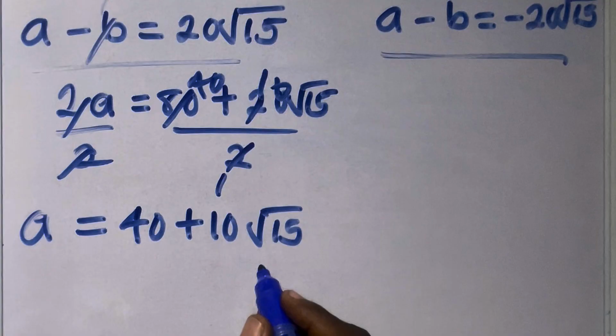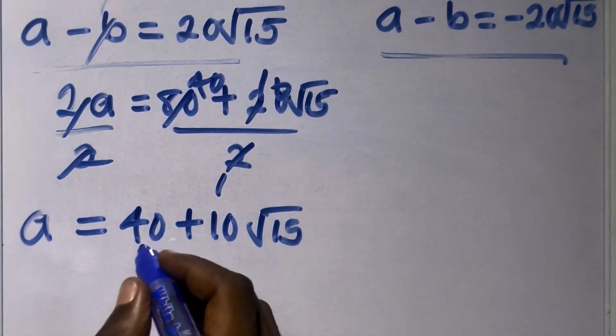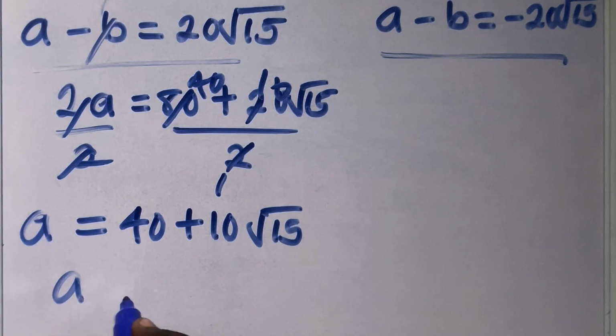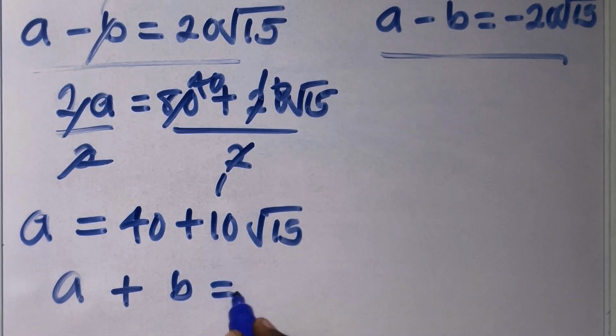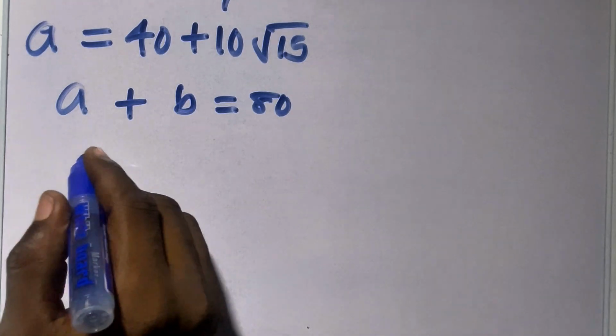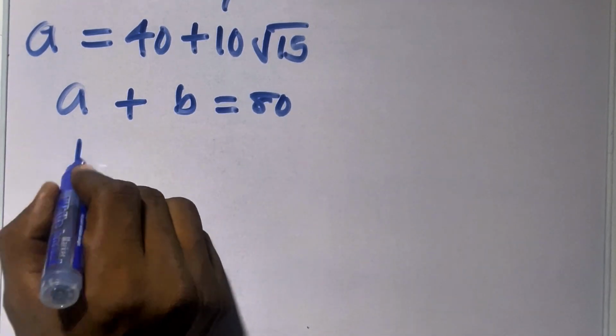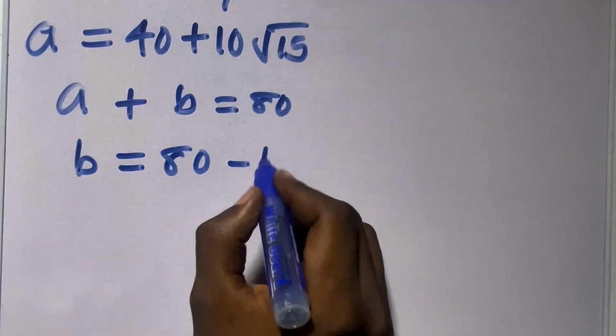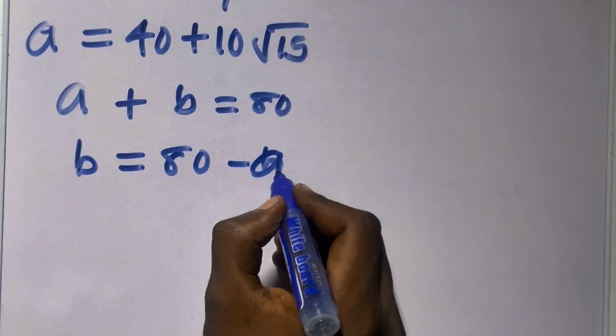Now let's substitute this into equation 3. Equation 3 says a plus b equals 80. If we make b the subject of the formula, we have b equals 80 minus a.